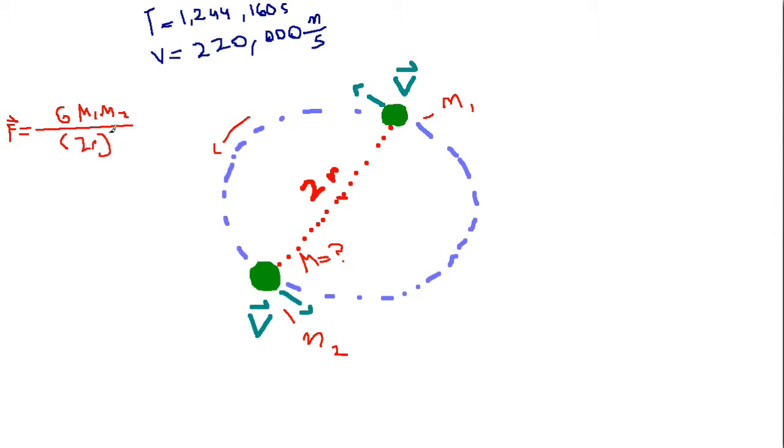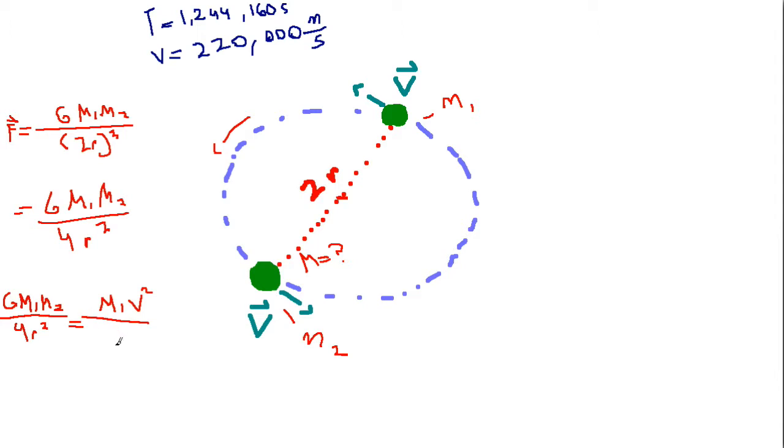And it's 2r because this is the distance between this mass and the other mass together, which simplified is G m1 m2 over 4r squared. And since it's moving in a circle, we can equate the force with mv squared over r. Since the m's are equal to each other, it doesn't really matter, and v is the tangential velocity.